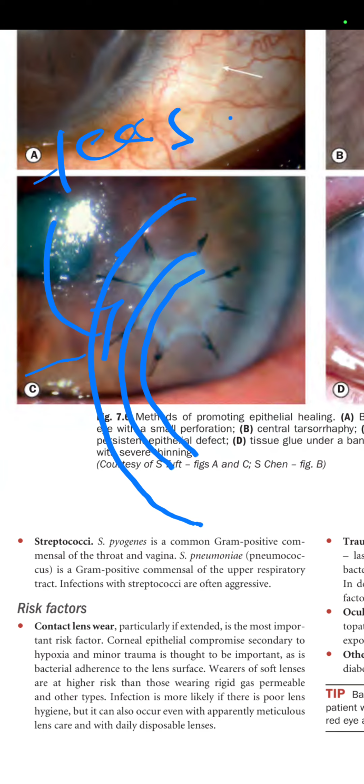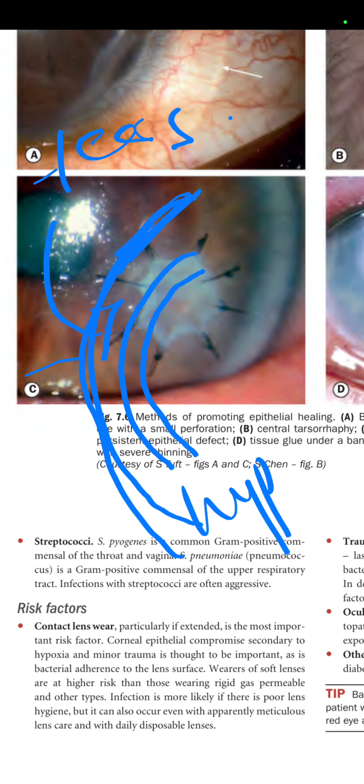So if the tears are not lubricating the eye properly, the cornea tends to become hypoxic. If the cornea becomes hypoxic, then there can be minor trauma as well. So the bacteria can enter and invade the corneal epithelium.